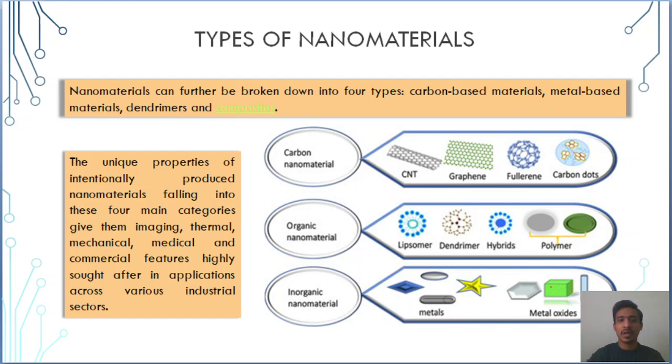For example, carbon nanomaterials include carbon nanotubes, graphenes, fullerenes and carbon dots. Organic nanomaterials include liposomes, dendrimers, hybrids and polymers. Then there are the metal nanoparticles and non-metal nanoparticles.